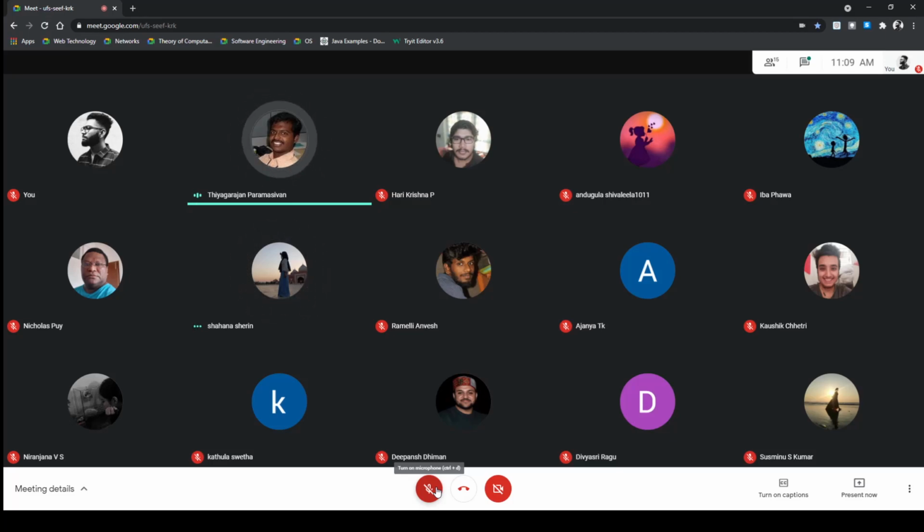Four, perfect. Kaushik, P6 turnaround time. Kaushik Chiteri, so 15, P6 turnaround time. 15, sir. 15, perfect. So this is how we have to work on the problem.